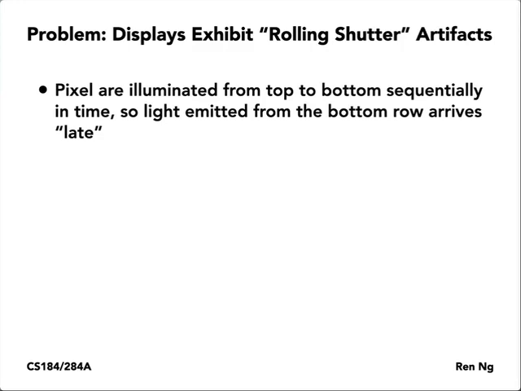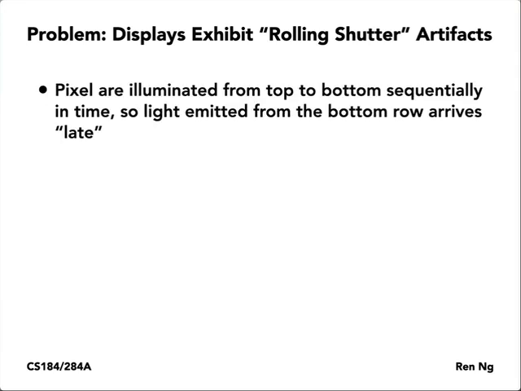And then they have to signal each of these locations in the physical array of the display in order to turn on and off. And the signaling is sequential. So light emitted from the bottom row of pixels is going to be turned on and arrive at your retina later than the top. Light at the bottom of the frame arrives late.